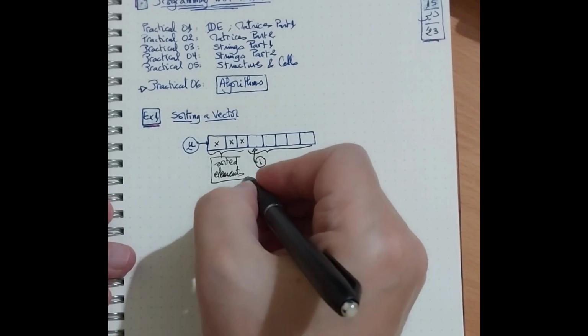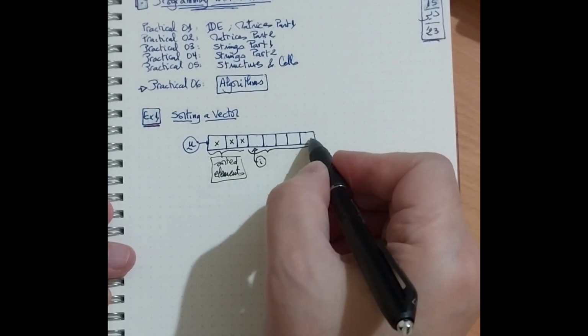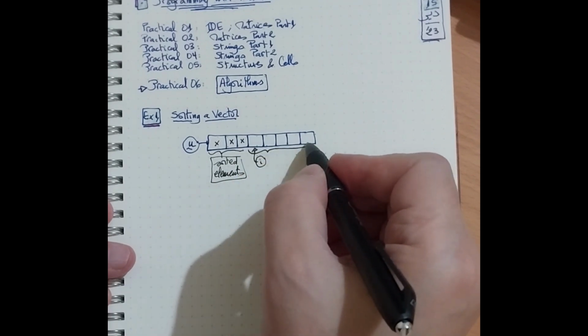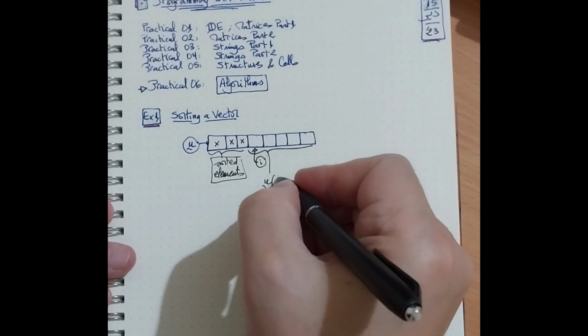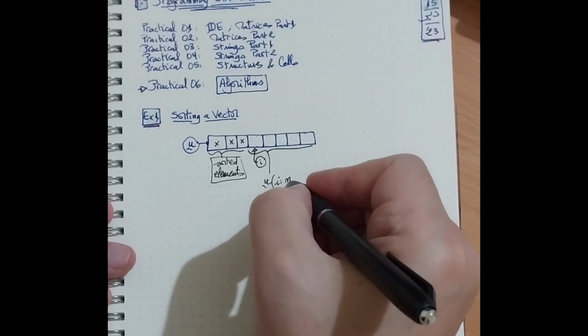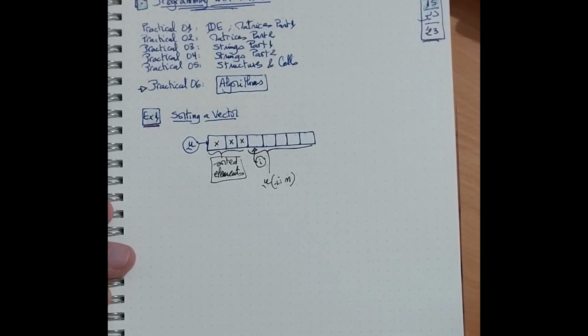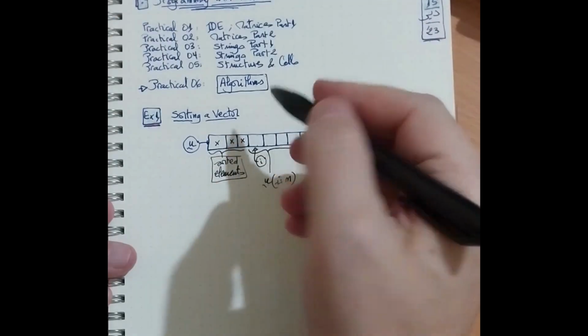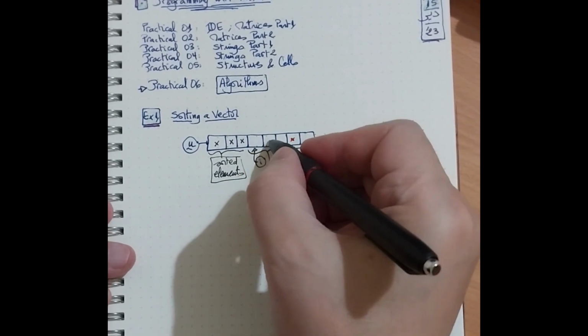These are sorted. So we look from i till n in this subvector. This is the subvector u from i to n. We look for the minimum. Let us suppose we have found it here. So 1, 2, 3, 4.